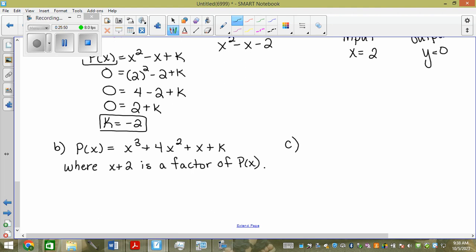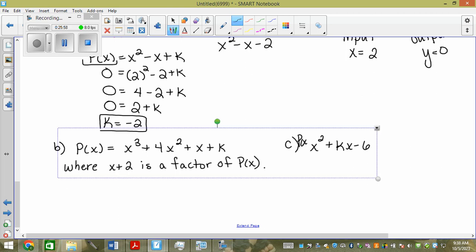Then C, P of x equals x squared plus kx minus 16, where x minus 2 is a factor of P of x.